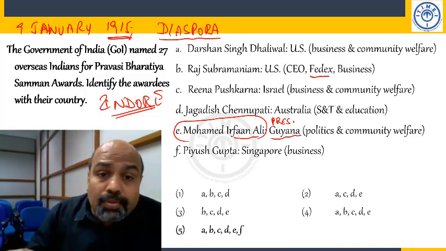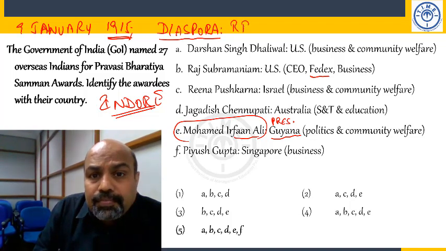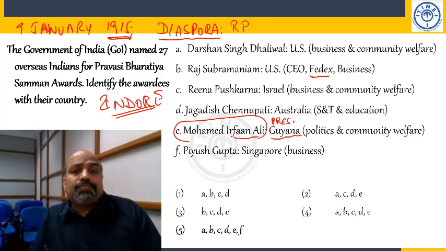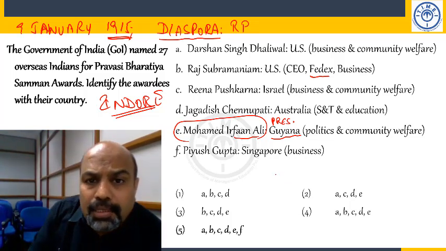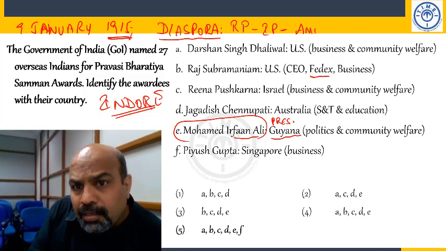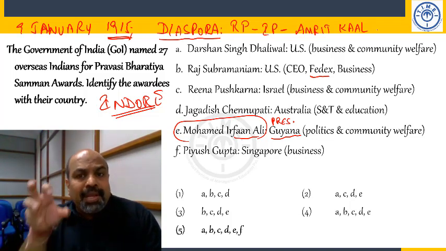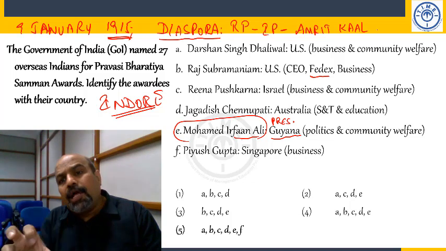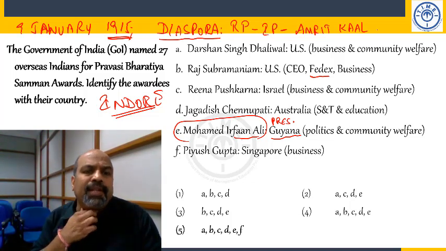Diaspora, reliable partners for India's progress in Amrit Kal. I repeat, reliable partners in India's progress in Amrit Kal. Okay, leave one line space.